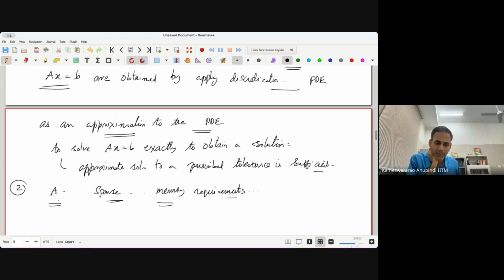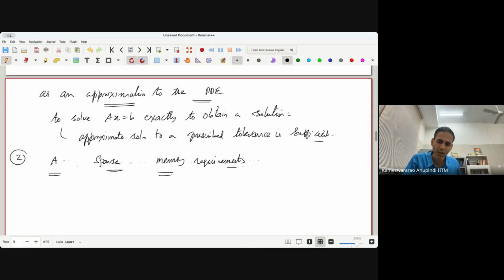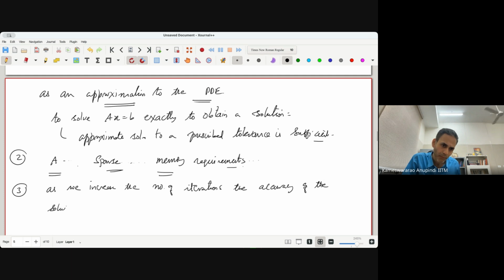So in that sense, iterative methods are preferred over direct methods, because not only are the memory requirements lower, and we are not going to get an exact solution, but we can also say that as we increase the number of iterations, the accuracy of the solution can be improved.